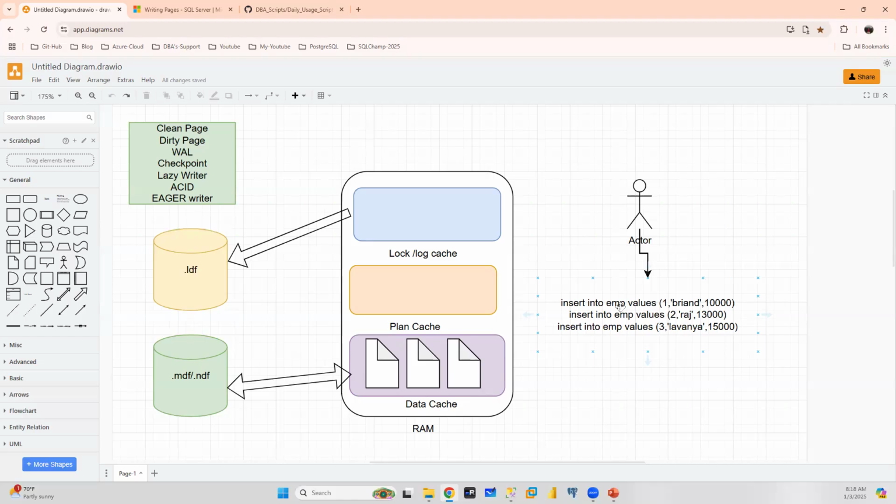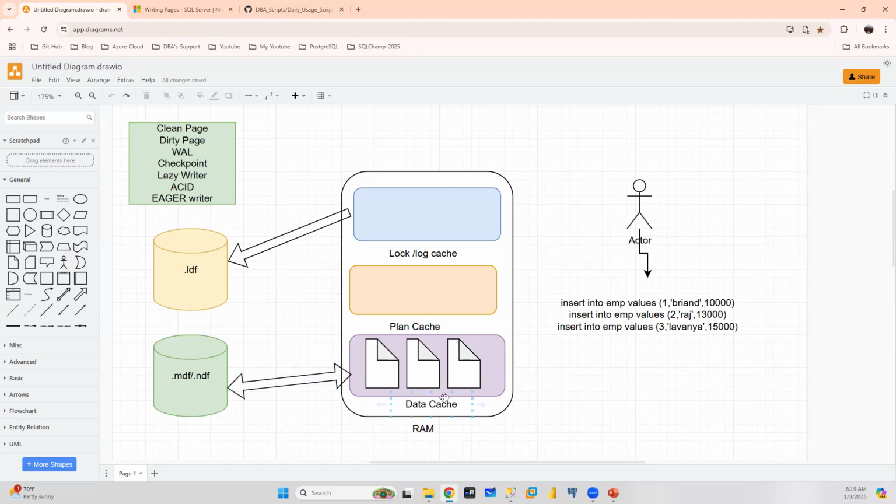Inserts are very important because when you are inserting, you are inserting a new record, which means you need some pages to load the data. In general, for your transaction, first it will go to the MDF file, get the pages, copy them, and start writing the data. Once it is done, again go, get, write, go, get, write.